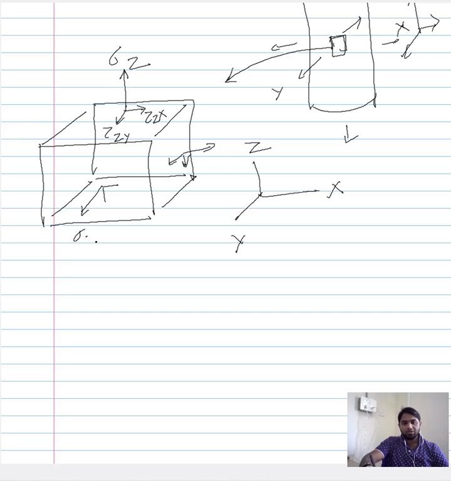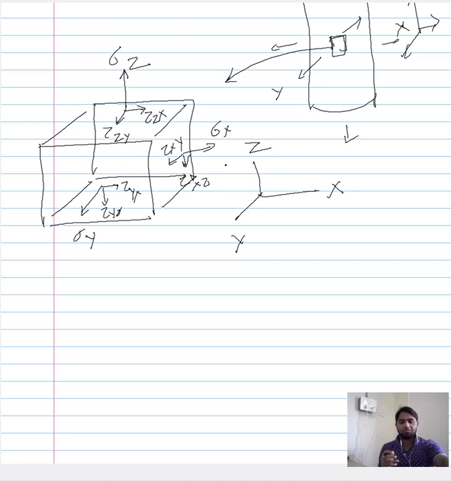If you want to write the subscripts, this would be sigma y and tau yz and tau yx. This would be sigma x and tau xz and tau xy. We can write this notation with reference to this frame and this coordinate system, and you can try to write it on your own and see if you are able to get to these components.